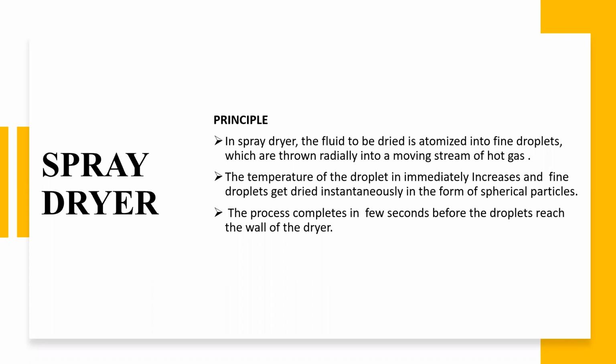So we continue with our next type of dryer, which is the spray dryer. The principle of the spray dryer: the fluid to be dried is first atomized into fine droplets, and these fine droplets are thrown radially into a moving stream of hot gas.